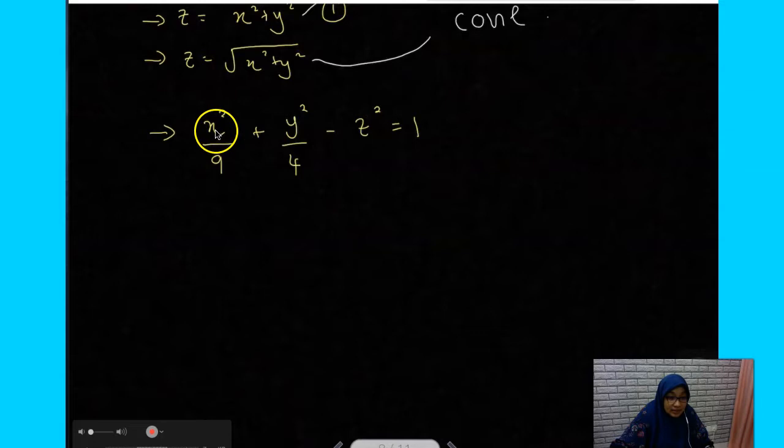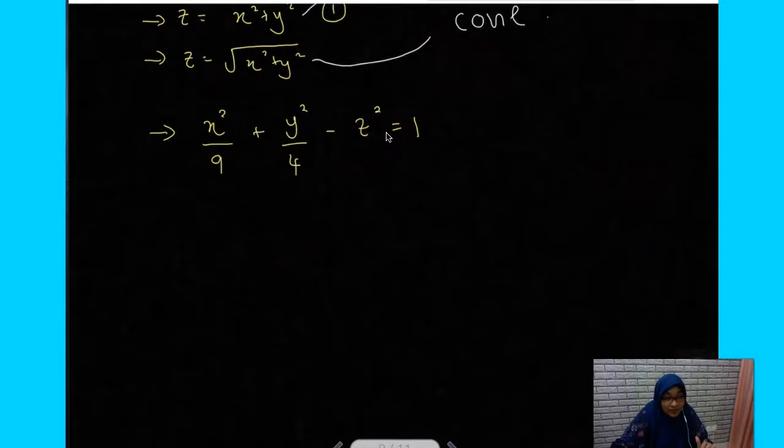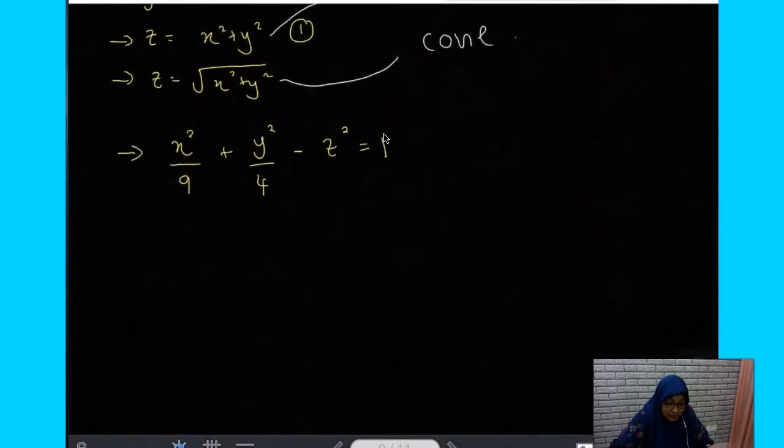As you can see here, we just have x squared, y squared and z squared. Meaning that the surface is not shifted somewhere along x, along y, or along z. Remember last time for the sphere, if you have x squared plus y squared plus z squared equal to 1, we have a sphere with radius 1.